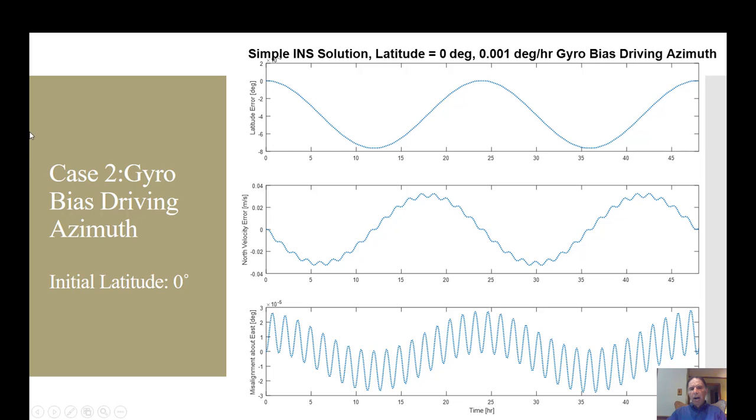It actually has a bias in effect, a mean value that we talked about when we derived the analytical expressions. And here is the corresponding north velocity error. And again, we see some Schuler oscillations and the corresponding misalignment errors about the east axis.